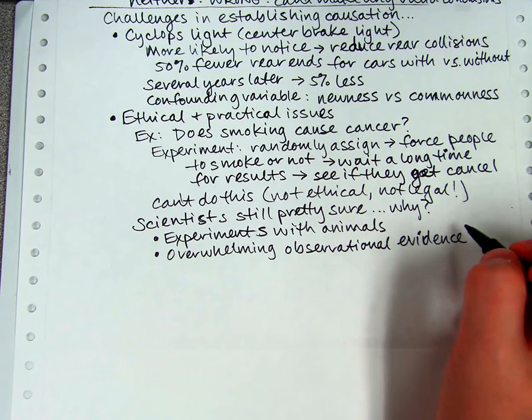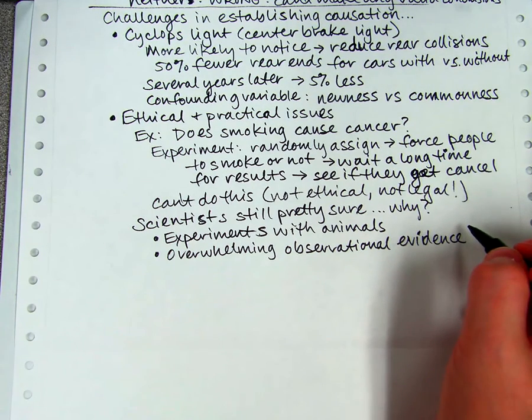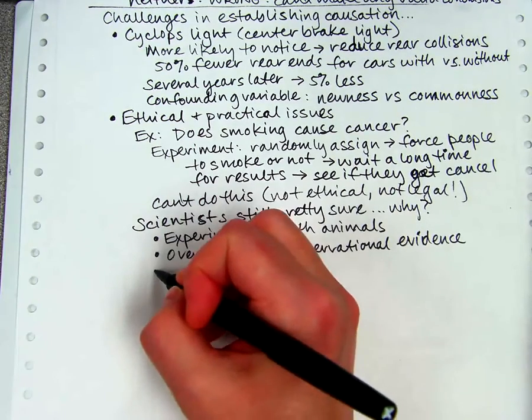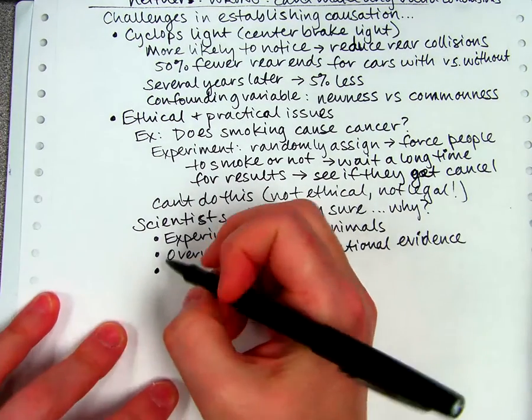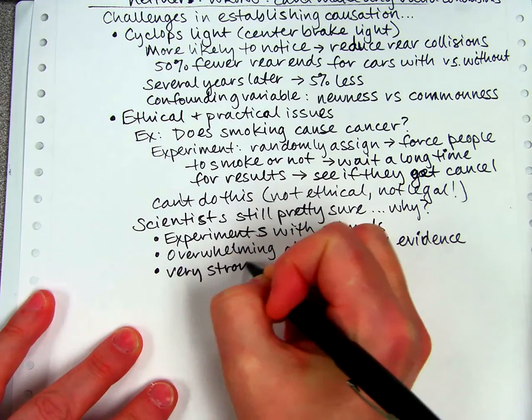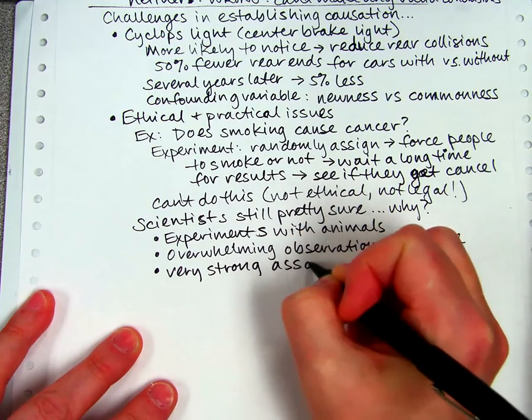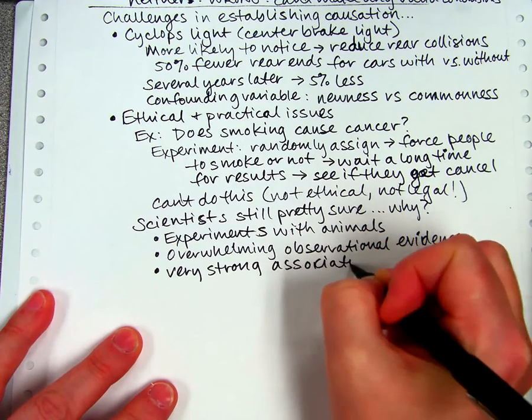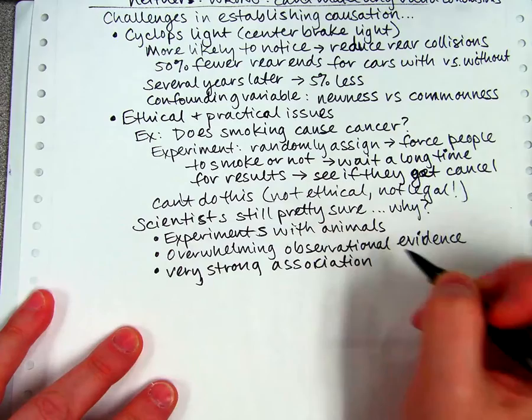Just overwhelming observational evidence. Huge numbers of people who smoke get cancer, and huge numbers of people who don't smoke don't get cancer, so that causes a very strong association. All of this is evidence without having to randomly assign treatments.